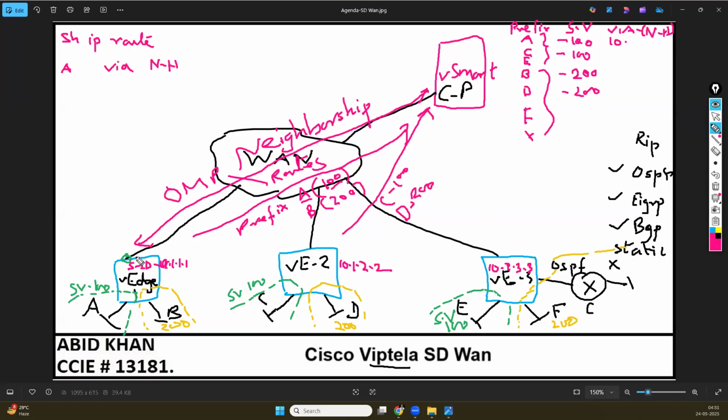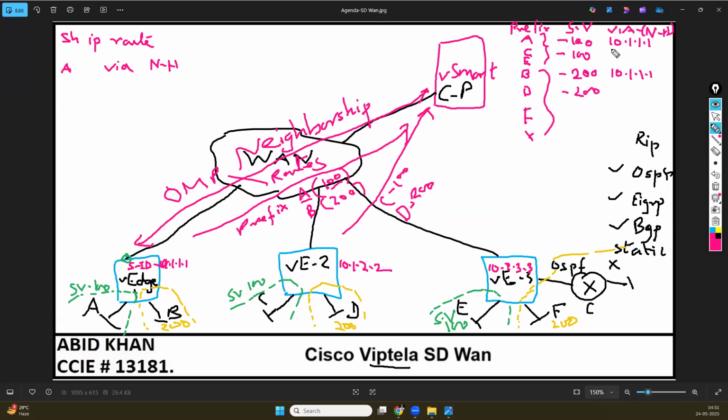The next hop is not the physical IP address. They'll send this one. Like that, 10.1.1.1. So B also will be 10.1.1.1.